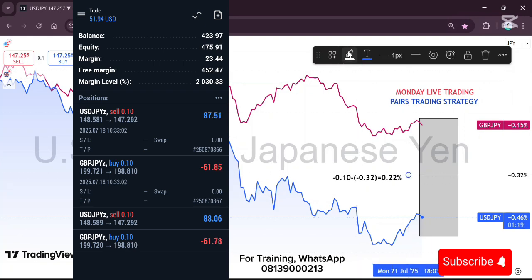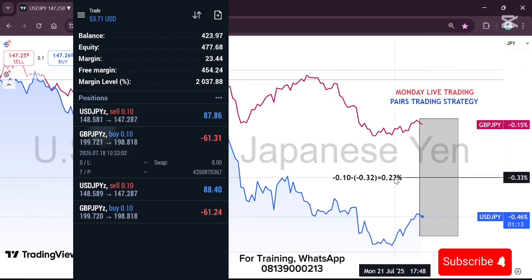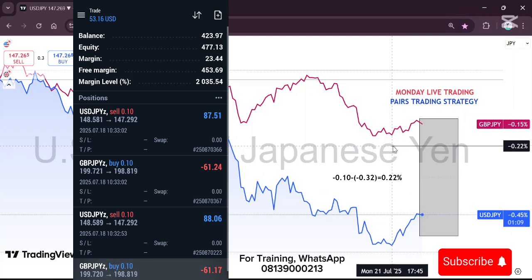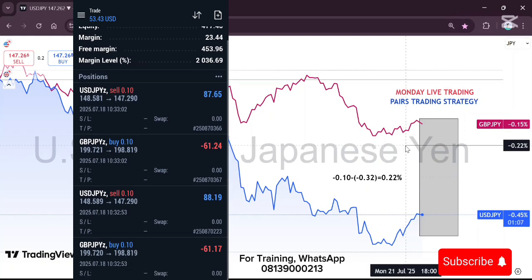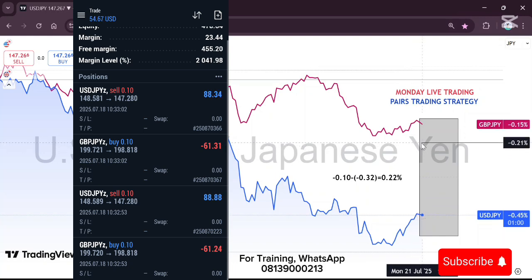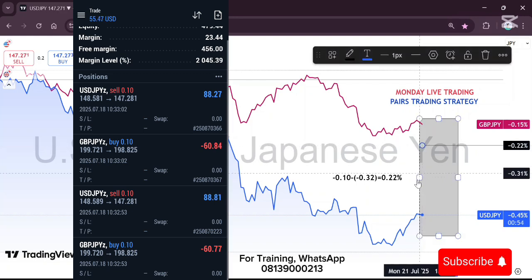The computer does the calculations, all the statistical terms, the divergence percentage, which I am doing right now: minus 0.10, minus bracket minus 0.32, equals 0.22 percent of JPY.